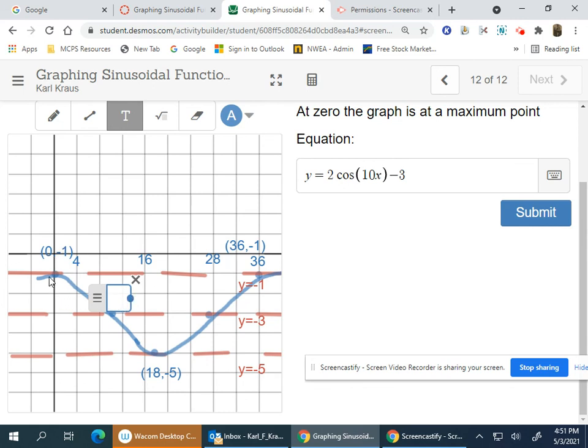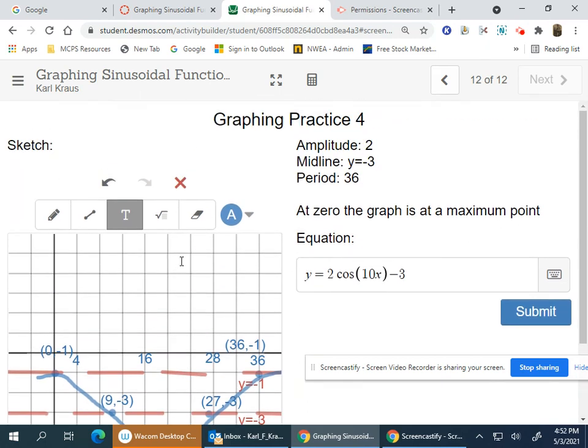And halfway between 0 and 18 would be 9. 9, -3. And 27. All right, that's all 12 slides.